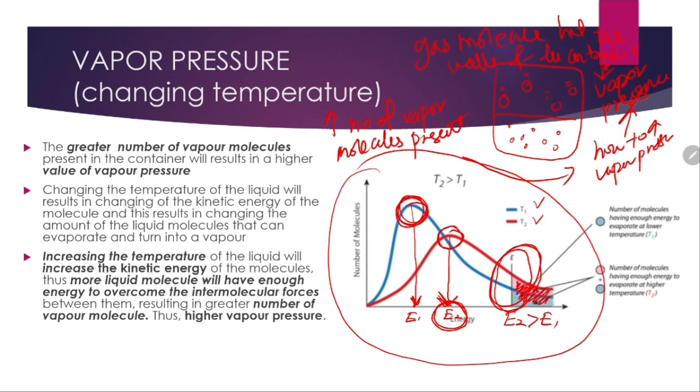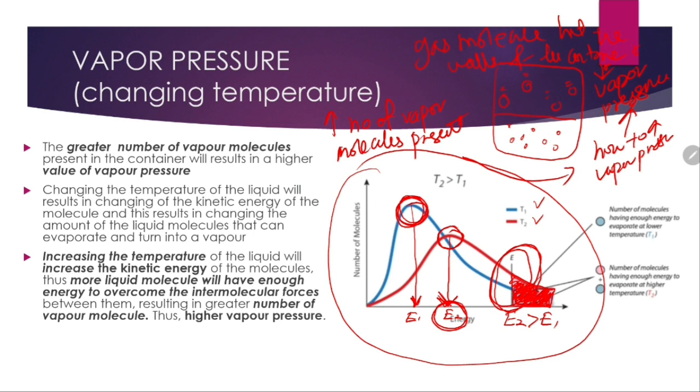Under the blue line is a smaller shaded area, but at higher temperature with the red line, we have a larger area of molecules having enough kinetic energy to break the intermolecular forces and convert from liquid molecules to gas molecules.